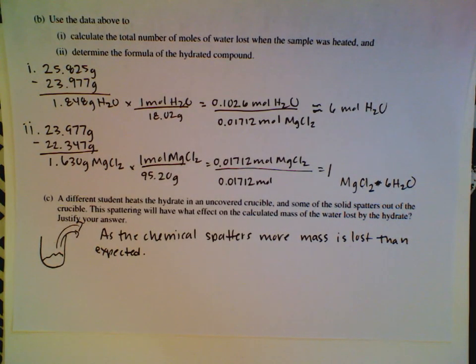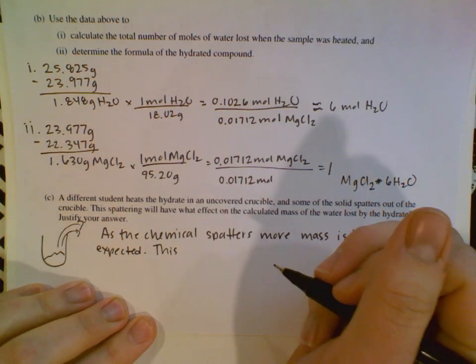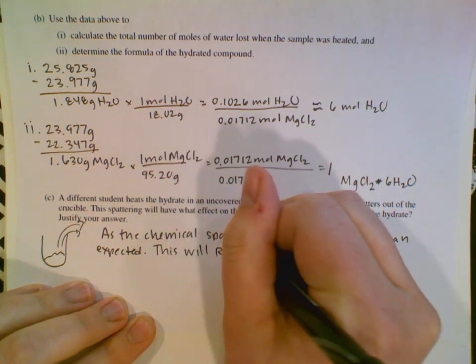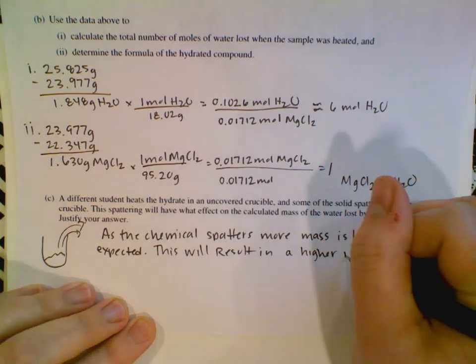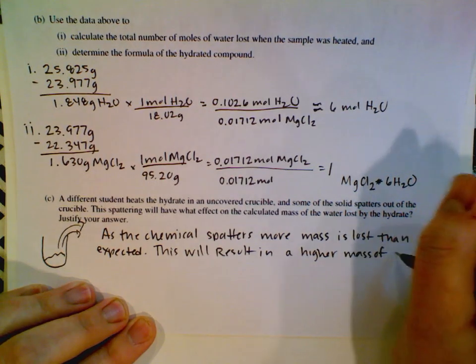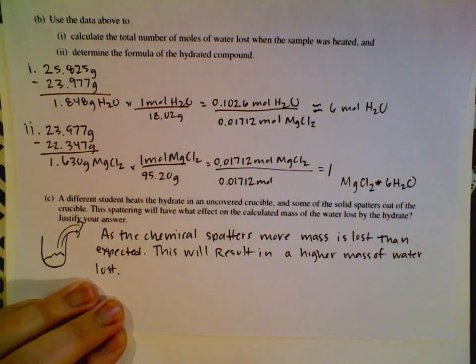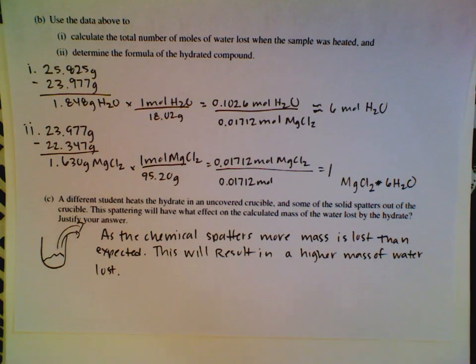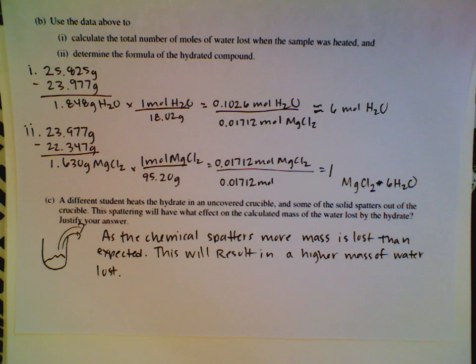What's going to happen is this will result in a higher mass of water calculated than actually left. So even though I kind of talk about it as far as the chemical causing a mass loss, I need to be specific and round it back into the original question. So it's going to talk about a higher mass of water that's lost. Okay.